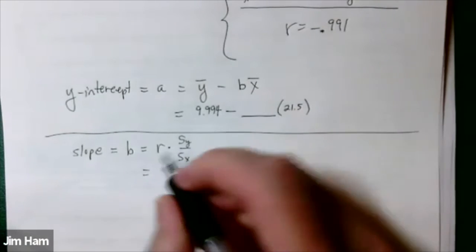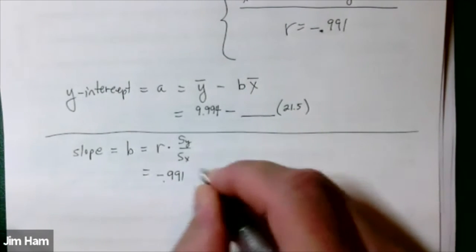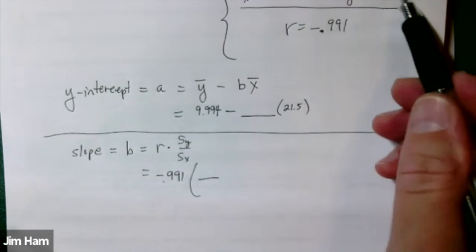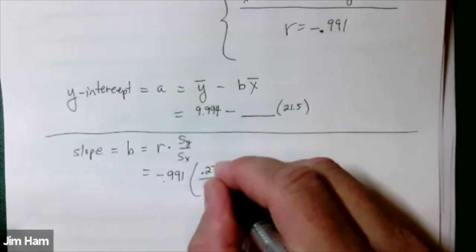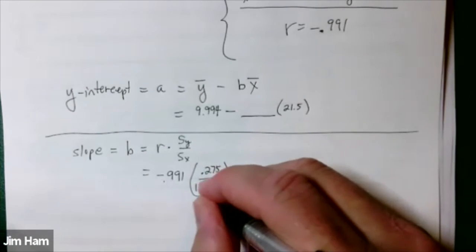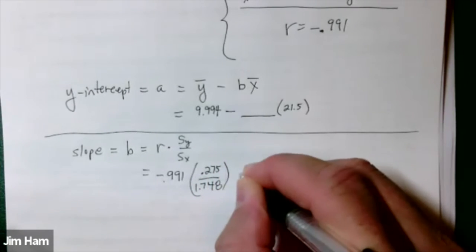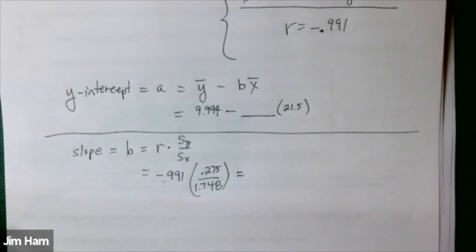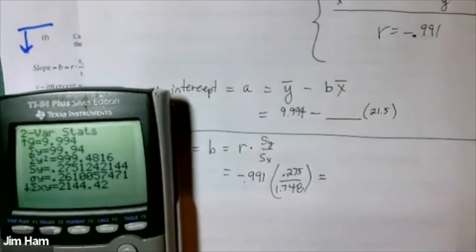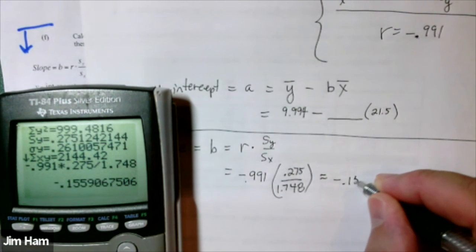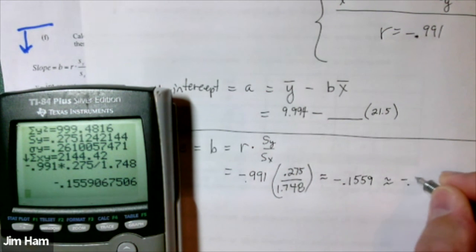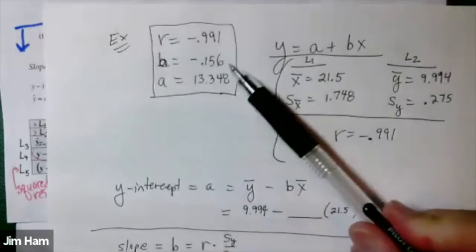We know r is negative 0.991, and we multiply by the standard deviation of y, right there, 0.275, and divide by the standard deviation of x, 1.748. Minus rounding error, this gives us our B value: negative 0.1559, or negative 0.156. And that was exactly what our slope was.